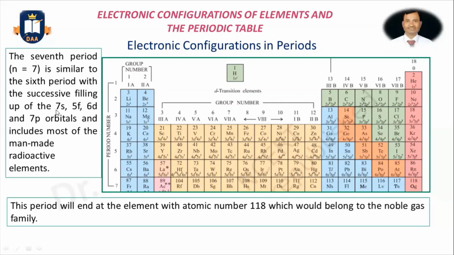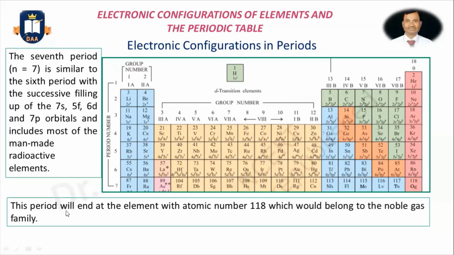If you count the total number of orbitals for 7s, 5f, 6d, and 7p, that is a total of 16 orbitals. That means elements will be double the orbitals present in this period. So 2 multiplied by 16, here also 32 elements are present. And this period will end at the element with atomic number 118, which would belong to the noble gas family.